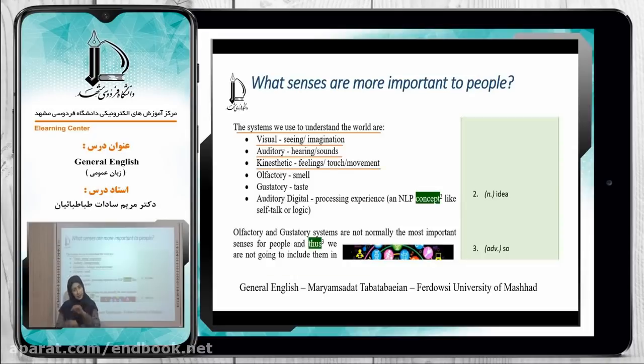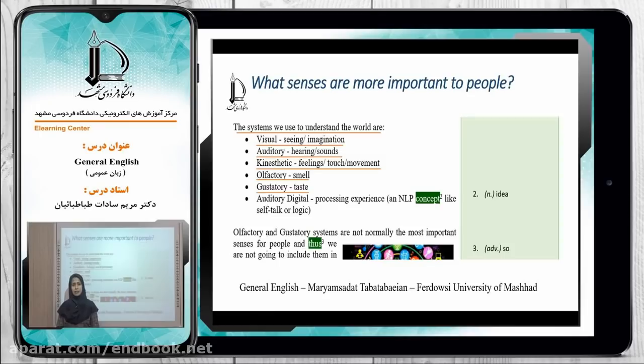It is touching actually, and also movement, physical movement, like running, jumping, these are all movements. And they have to do with the kinesthetic system. Then we've got olfactory, or the sense of smell. And finally, gustatory, the sense of taste.